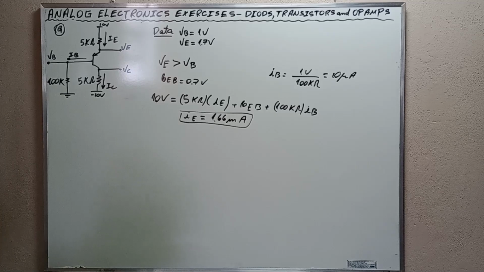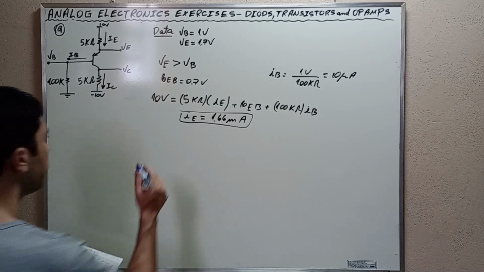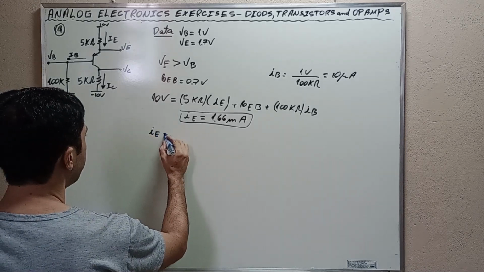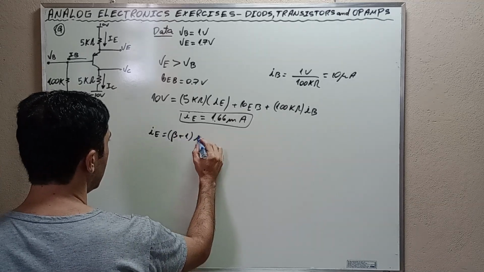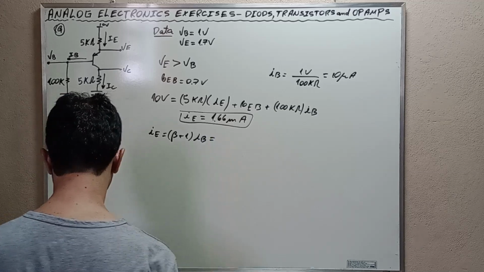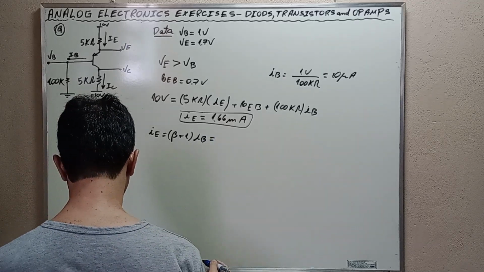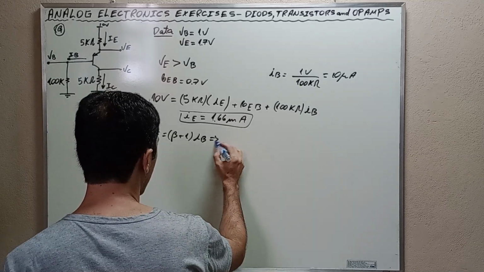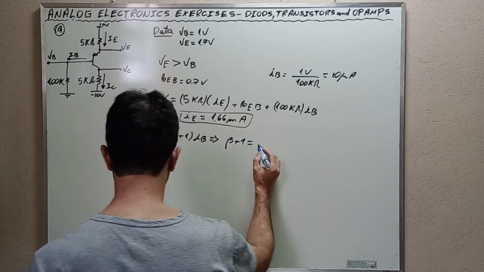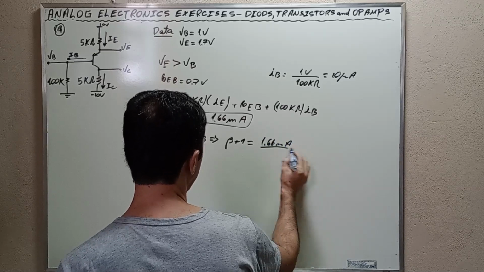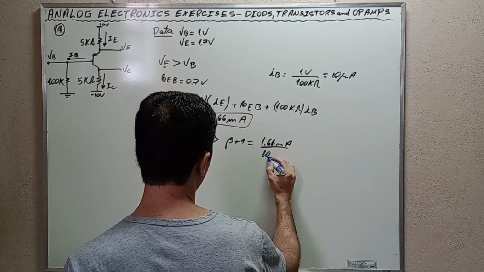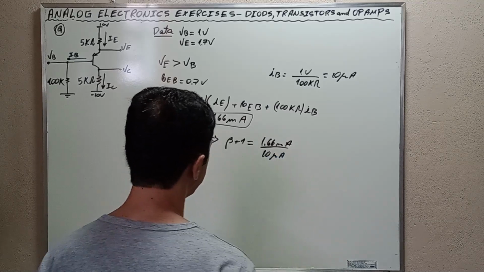Now we're going to use these values to calculate the other parameters. IE is equal to beta plus 1 times IB, so beta plus 1 is equal to 1.66 milliamps divided by 10 microamps.